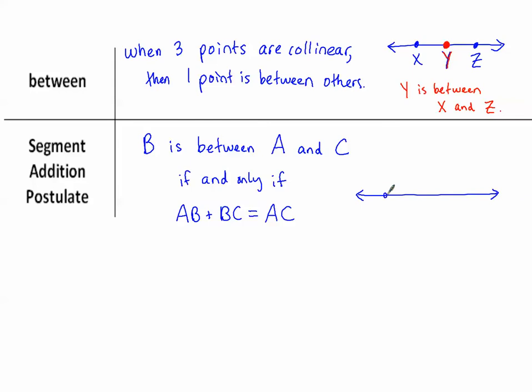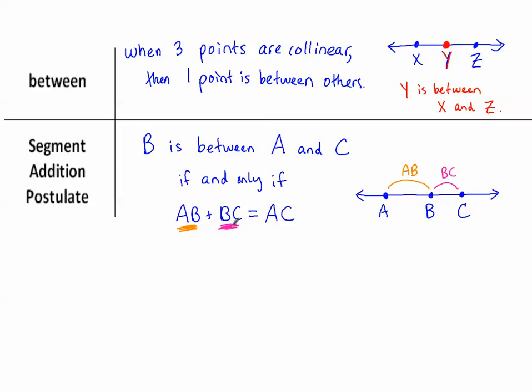On this picture, I'm going to label points A and B and C. Notice they don't have to be equally spaced. The first part of the postulate says B is between points A and C. Well, here's B right here. And then if that's the case, this part right here is AB, and then the little segment next to it, this part right here, BC.